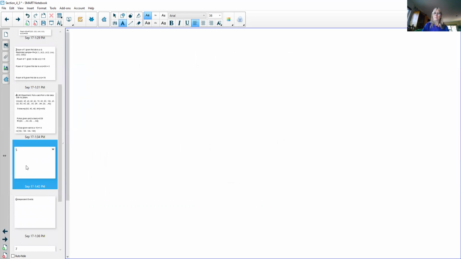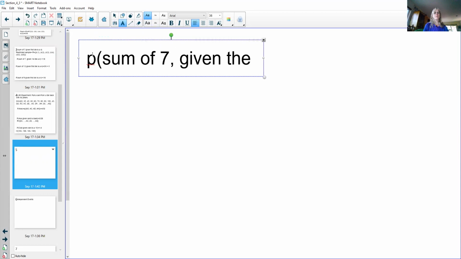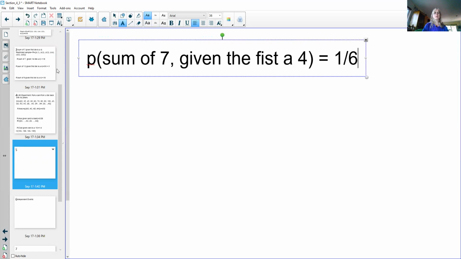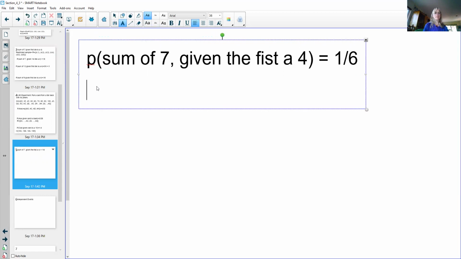Now, I want to point out something about these. One of the things I want to point out is that in some cases, the probability didn't change at all. Looking at this, the probability of a sum of 7, given the first die was a 4, was equal to 1 out of 6. And the probability of a sum of 7 is 6 out of 36, which, by the way, now I will actually reduce, that is 1/6.